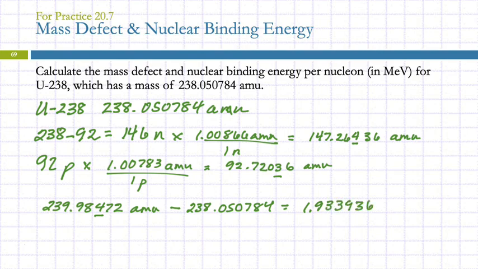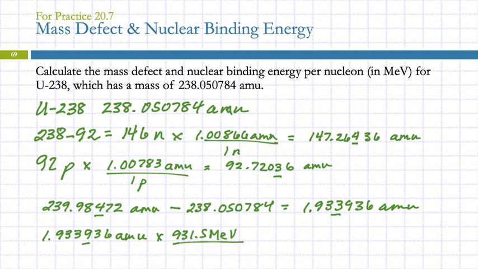1.933936 atomic mass units. That's the mass defect. We need to convert that to energy. So 931.5 mega electron volts per 1 atomic mass unit.